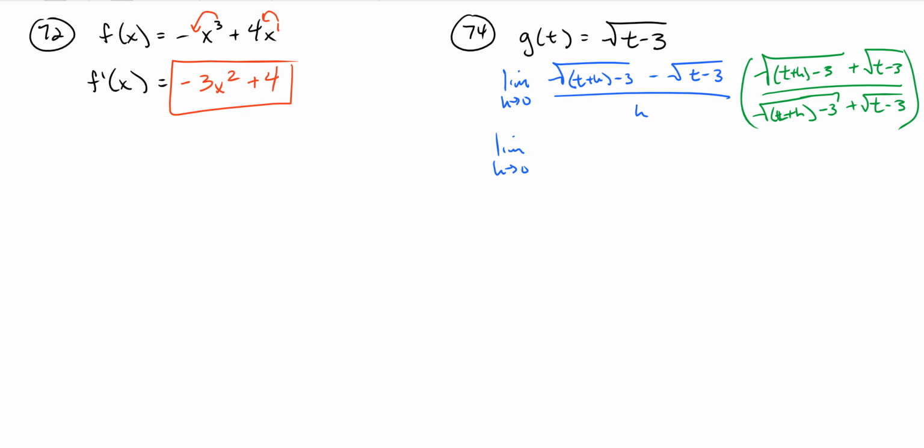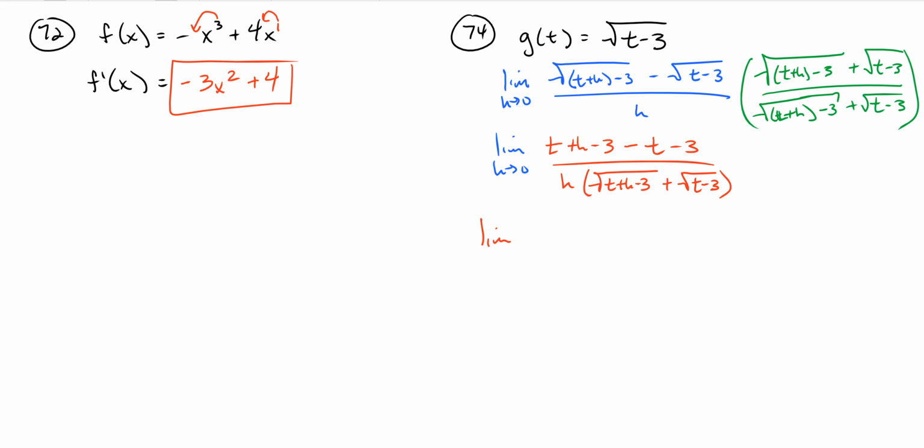So that conjugate, we're going to square the first and the last terms and get t plus h minus 3 minus t minus 3 all over h times the square root of t plus h minus 3 plus square root of t minus 3.